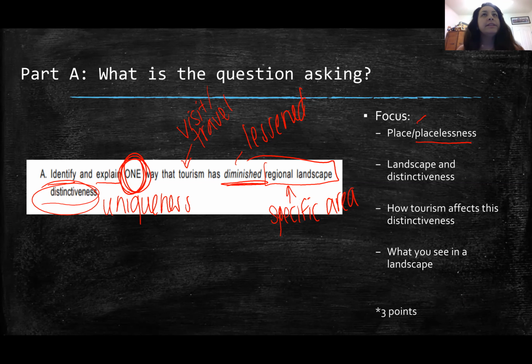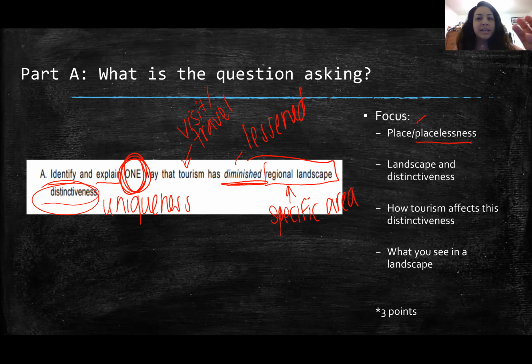So if you're driving down University in Edinburg and you see Walmart, Wendy's, Jack in the Box, McDonald's, what is in common with all of those? They're everywhere. They could be anywhere.